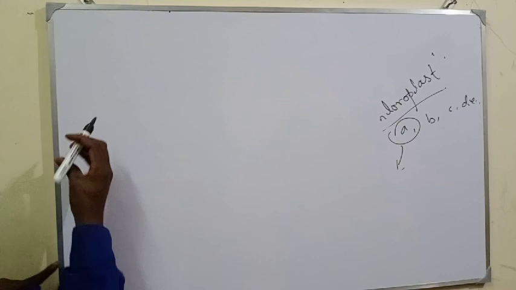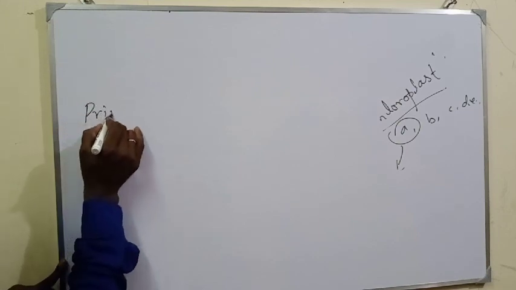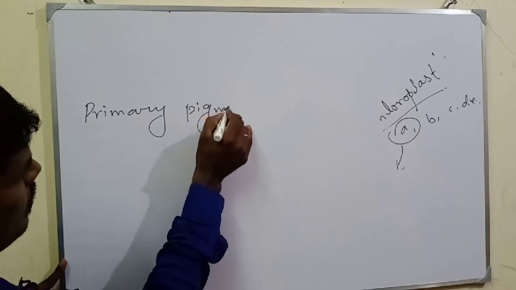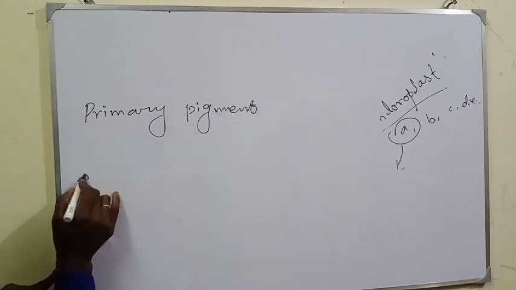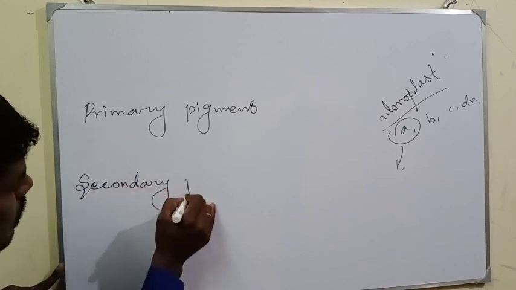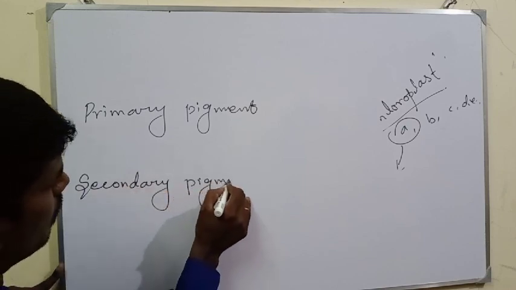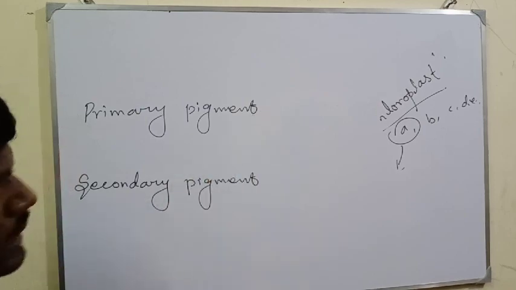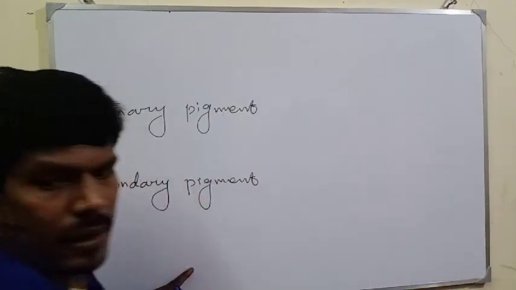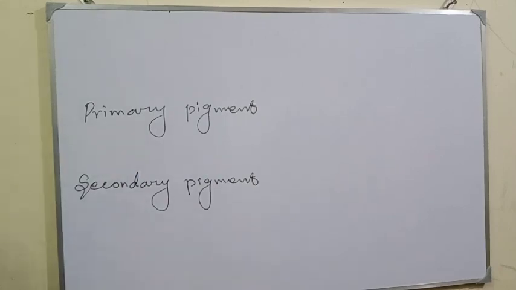Primary pigment. See, the primary pigment is the first one, the second one is the secondary pigment. The primary pigment and accessory pigment.